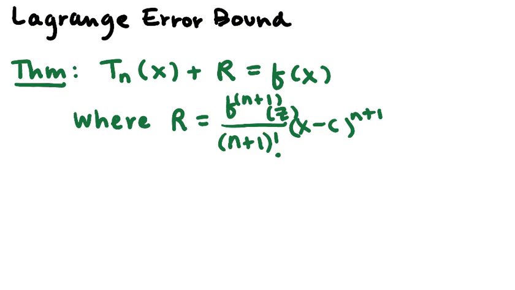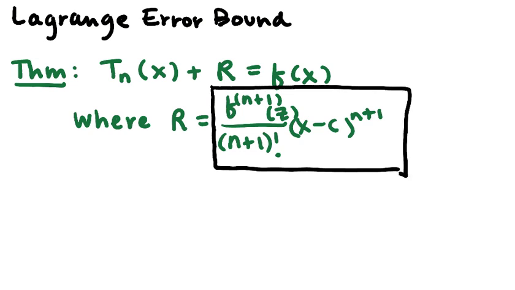Now, the thing about this here: does this look familiar? What does this look like if we're using the nth degree Taylor polynomial? We've got the n plus first derivative, the n plus first factorial, and the n plus first power. It just looks like the next one. Okay? This is just the next term.